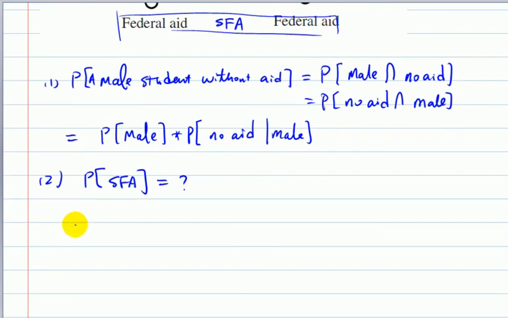So then mathematically, the probability of a student getting aid is equal to what?